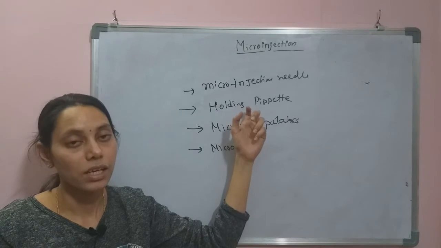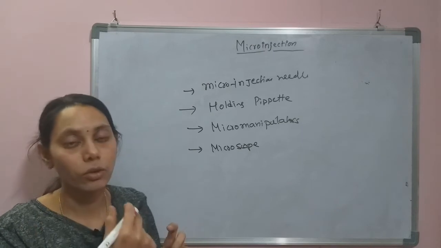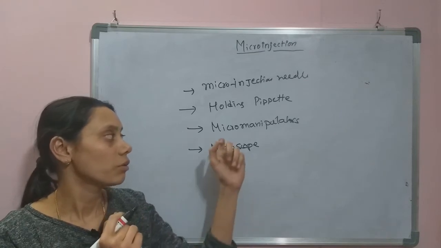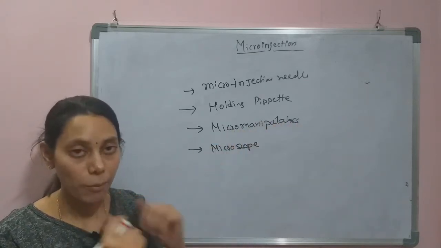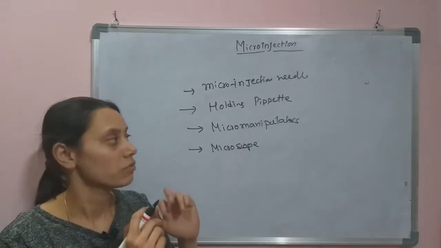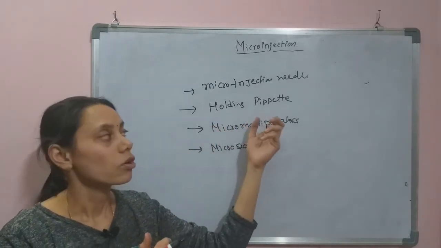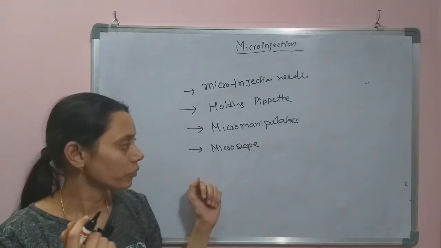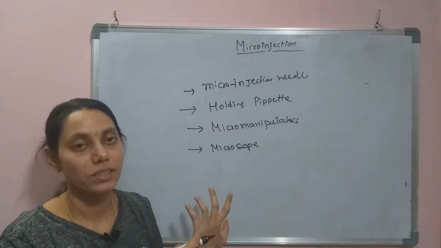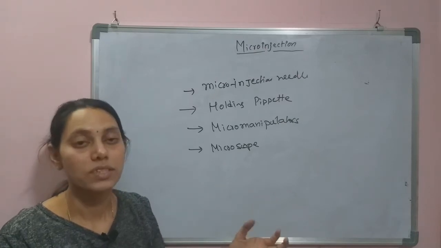That means it holds the host cell in an apt position, so that the needle can enter it and inject this DNA. Two micromanipulators are employed to support the injection needle and the pipette. That means with the support of micromanipulators, we can move the injection needle and the holding pipette as well. A powerful microscope is employed, under which this whole procedure can be carried out, so that we can visually monitor the microinjection procedure while it is going on.